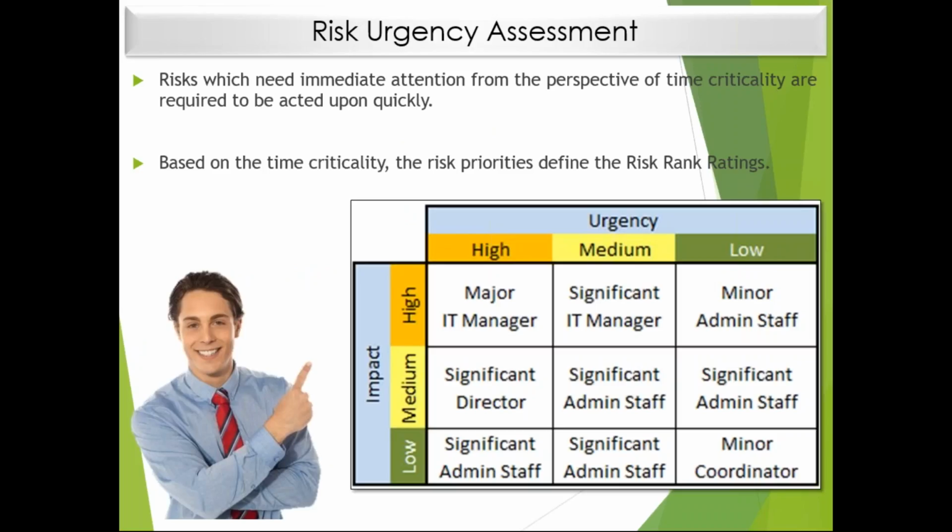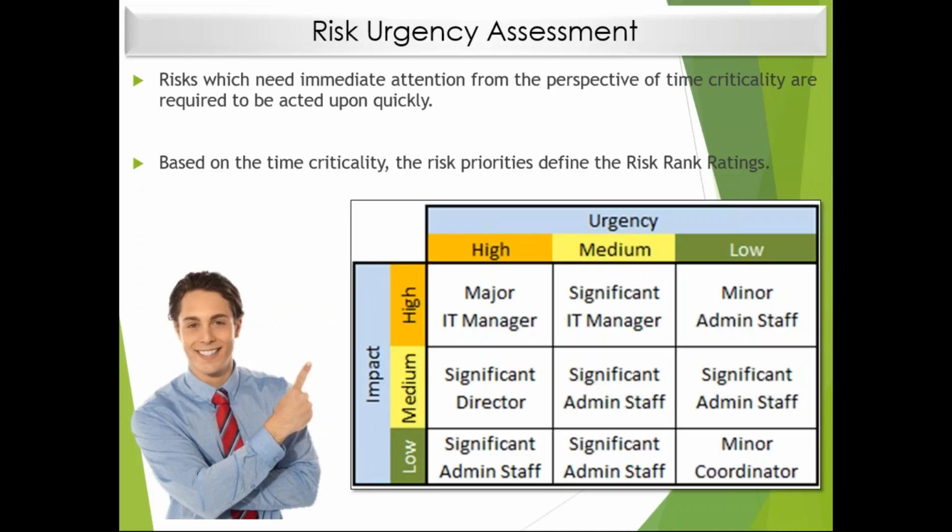Risk urgency assessment: how urgent is it? Depending upon that, we assign certain types of different roles to take care of the risk. For example, in an ITES environment, if you have a major incident in any organization, let's say the entire mail server is down, which could be a Lotus Notes server, or it might be your Outlook, whichever you're using.